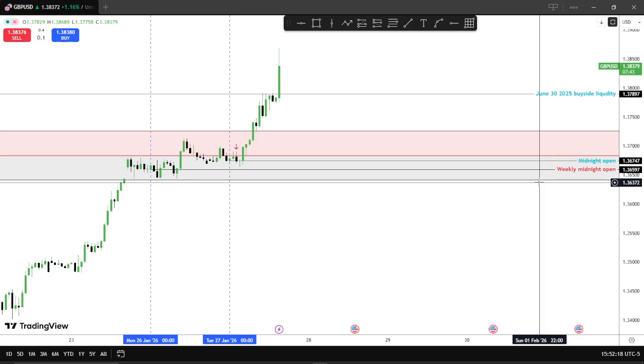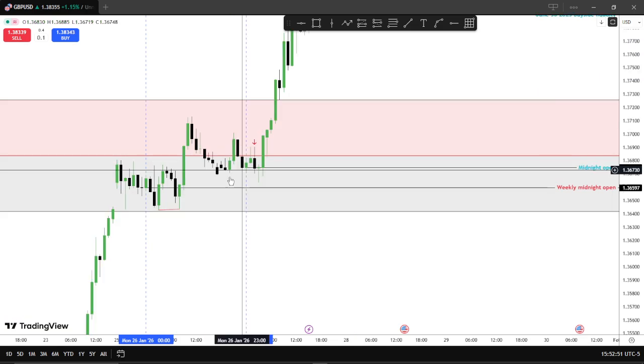So here we opened on Monday. A little bit of corrective structure here, impulsive, then this corrective structure. Then you can see what happened here. Had this open, dropped lower, then had a big push. This one is an impulsive structure.